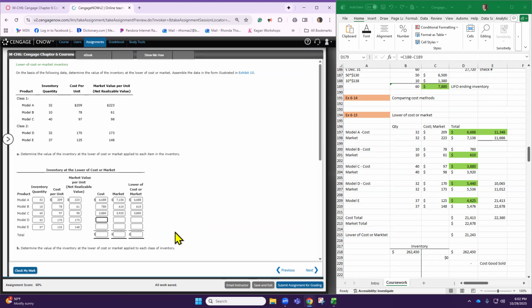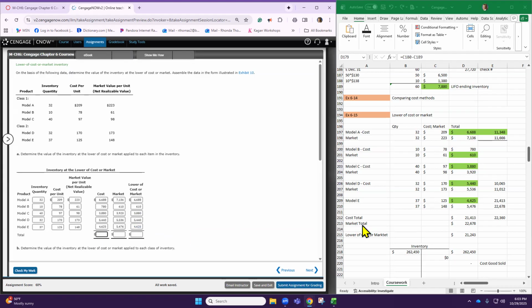And then Model D, we have 32 of them, and we bought them for $170. And then 173 in the market, and we'll keep our costs. And then the last one, 37 units that cost us $125 a piece. That's $46.25 and $54.76. So we're going to keep $46.25.